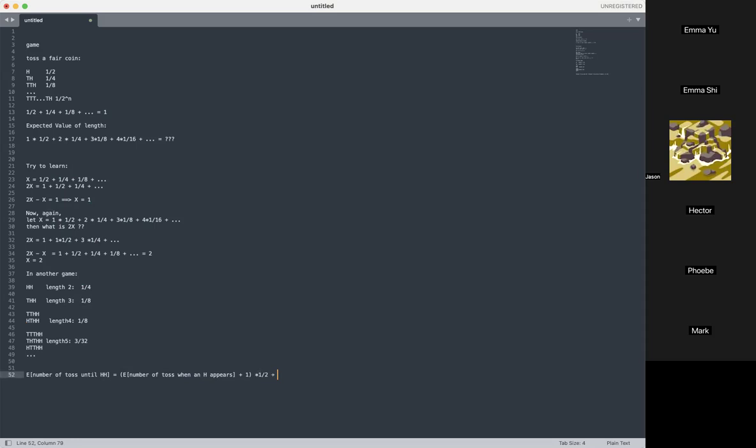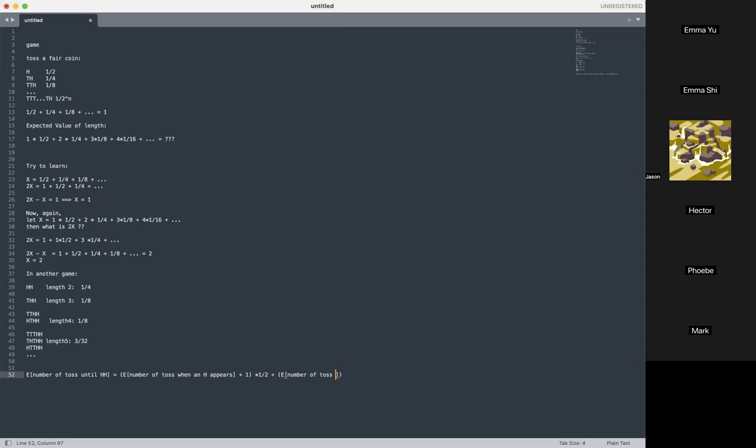Okay, so then let's think of another thing. Say first we get E number of tosses, right? So we always toss until an H appears. Why? Because we need two H. If one H doesn't appear, then we need to toss again, right? So we need to toss until at least one H appears.